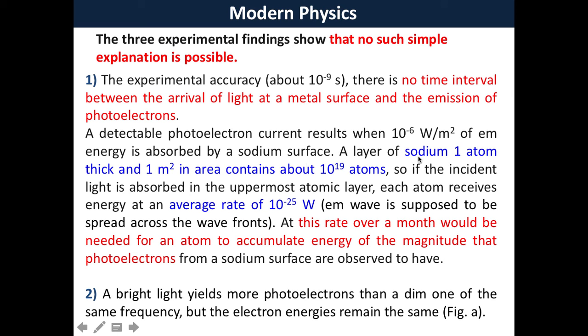A layer of sodium 1 atom thick and 1 meter square in area contains around 10 raised to 19 atoms. So if the incident light is absorbed in the uppermost layer, each atom receives energy at an average rate of 10 raised to minus 25.